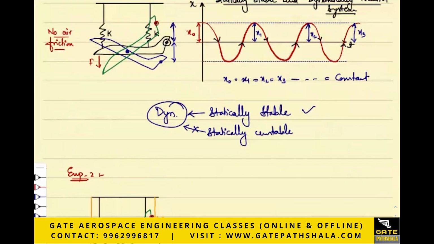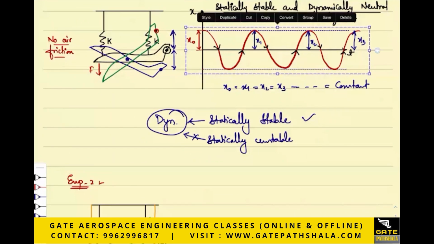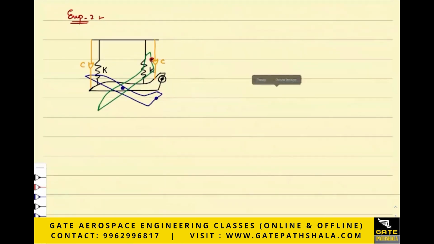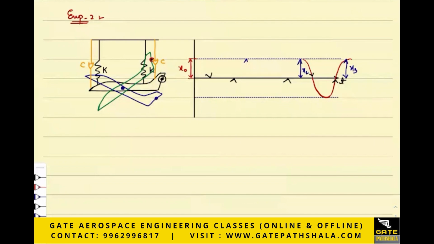What will you observe? Will the figure be the same as this? No, sir. Will it be the same or different? Different. Obviously, it should be different, right? How will it be different? You will not be getting the same amplitude. It will damp out the oscillation, right? Yes, sir. So this damper will reduce the amplitude of oscillation and the overall damping time will get reduced.